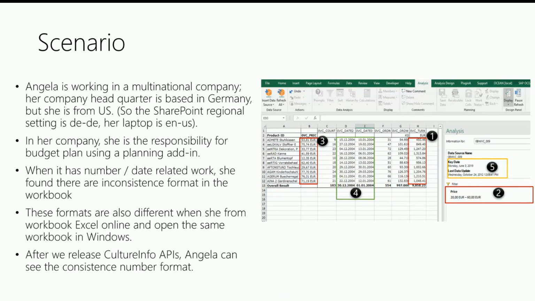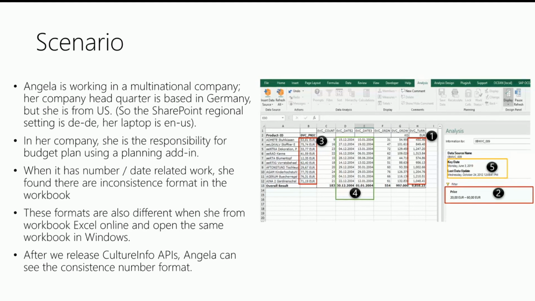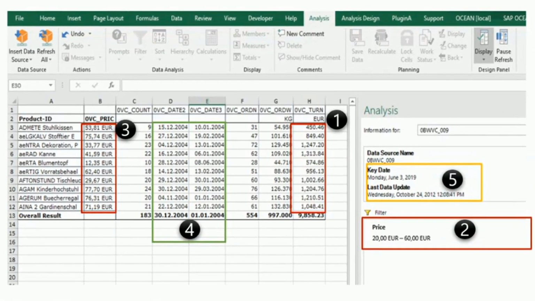So when it comes to date or number related work, we found that there's some inconsistent format. Therefore, when she works from Excel Online or from Windows, the formats are different. So here in this case, cases 1, 2, and 3, you can see that the decimal for column H in case 1 is a dot, but for 2 and 3, we can see that the decimal is a comma. So that makes it very confusing.